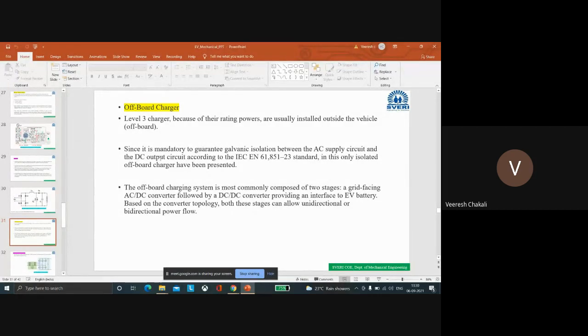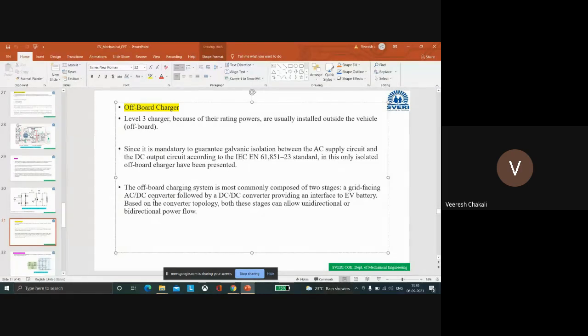It is mandatory to guarantee galvanic isolation between the AC supply circuit and the DC output circuit according to the IEC EN 61851-23 standard. This is the paper. In this, only isolated onboard chargers have been presented. So if you want a reference, you can go through this paper, and you can get more details about the onboard chargers.